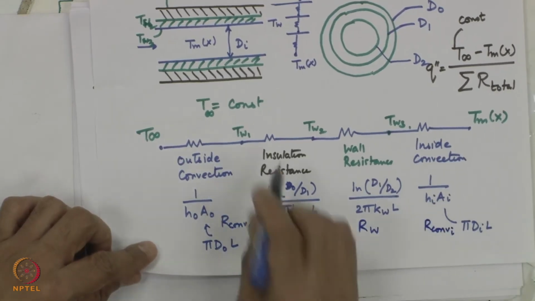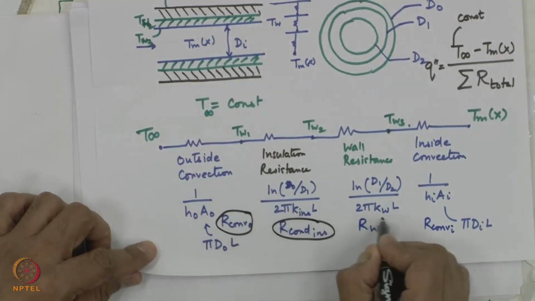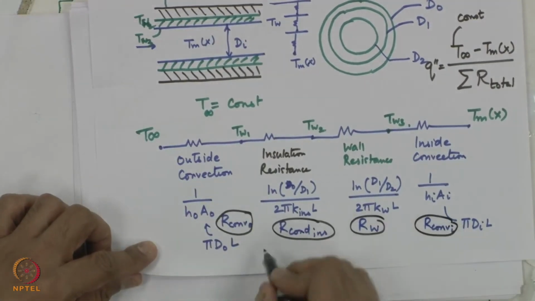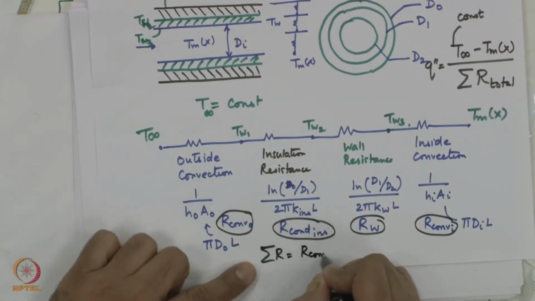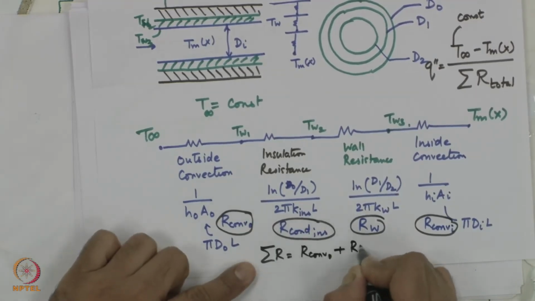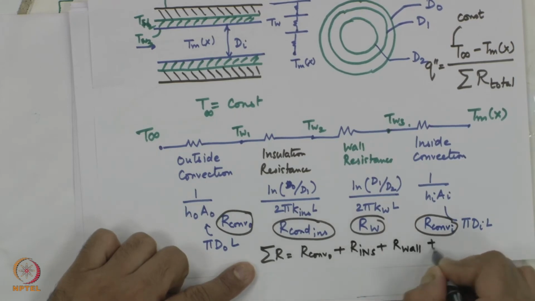This is 4 resistances. The summation of R is nothing but R convection outside plus R insulation plus R wall plus R convection inside.